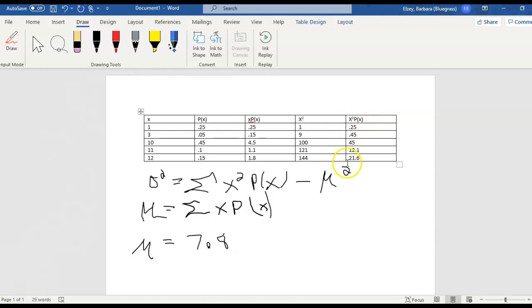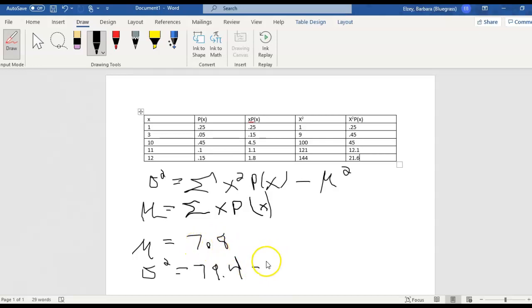All right, and now I want to add that column up and get the sum, and that's what's going to go in the first part of my formula. So I'm going to go ahead and write down, if I add up this column, that answer ends up being 79.4. And then I want to subtract off the mean squared.